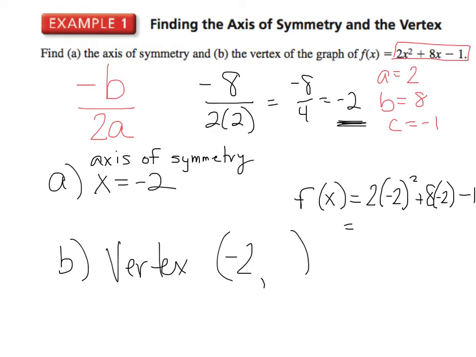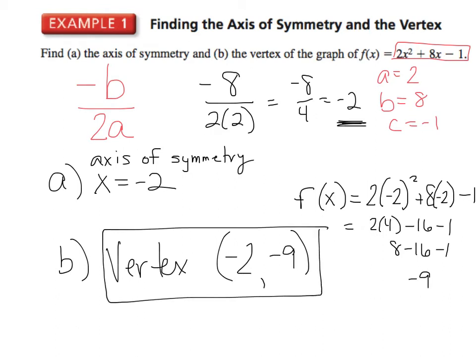That would give me 2 times 4 minus 16 minus 1. That gives me 8 minus 16 minus 1. And that would give me negative 9. So the vertex would be negative 2, negative 9.